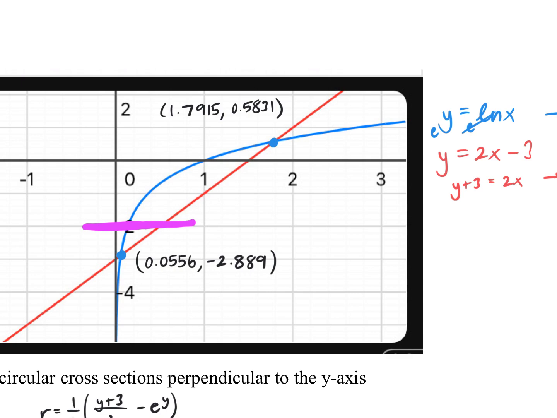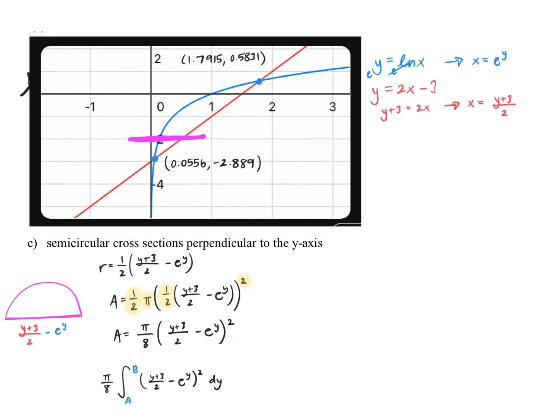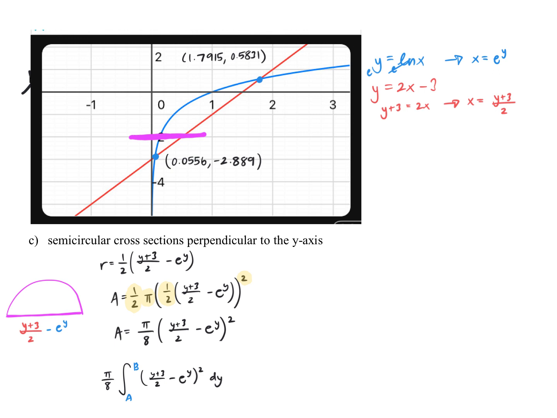Now that we've got these x and y values where my curves intersect, technically I'm looking at y's, right? My a value is going to be this negative 2.889, because that's the lowest point that I start at if I'm doing my horizontal slices. And then my b value would be this 0.5831.